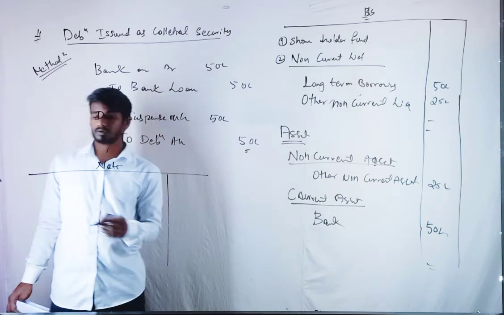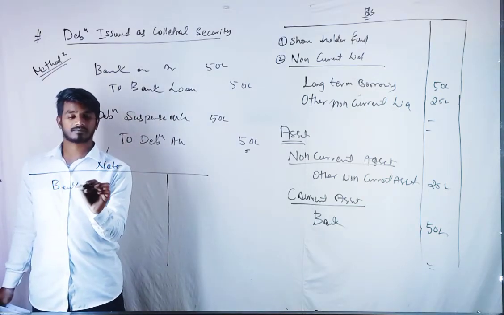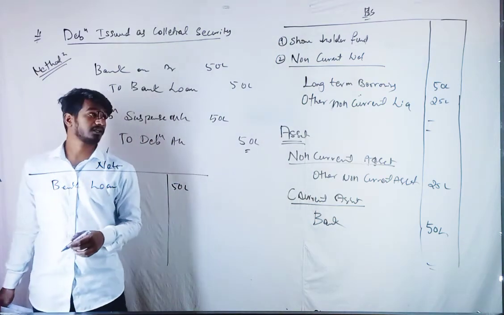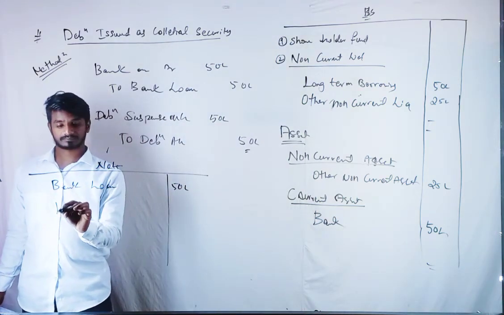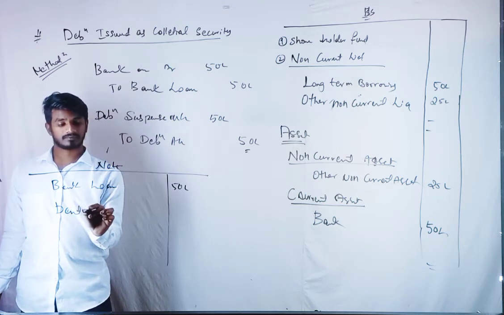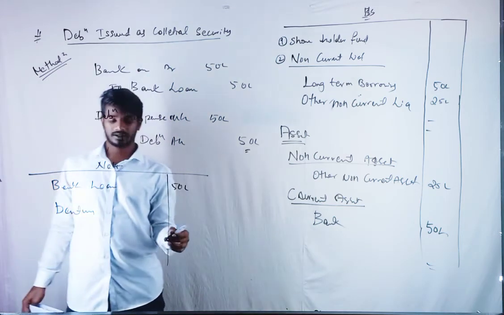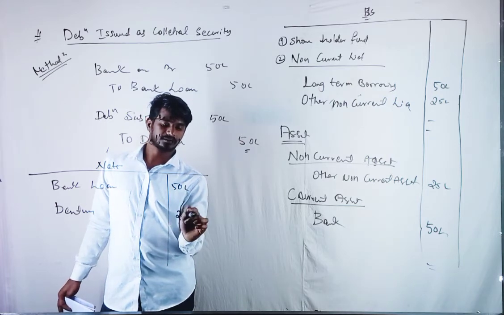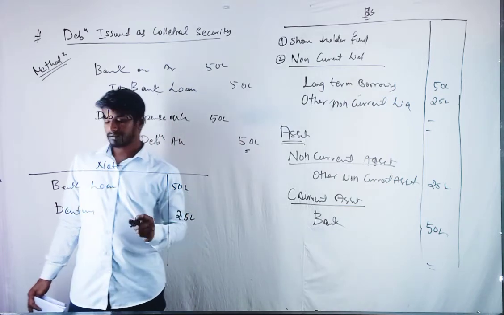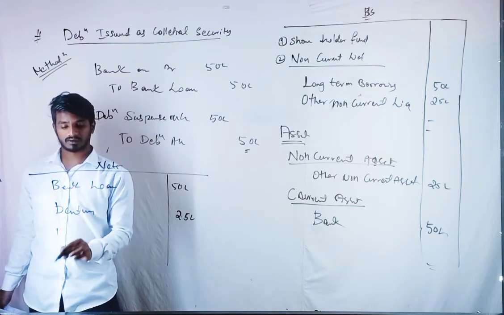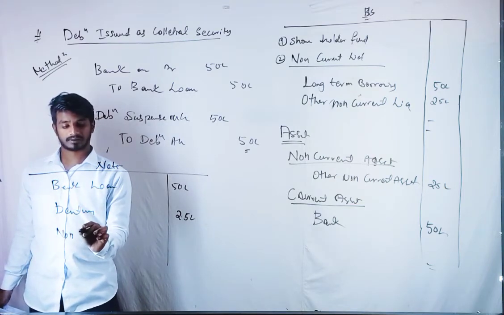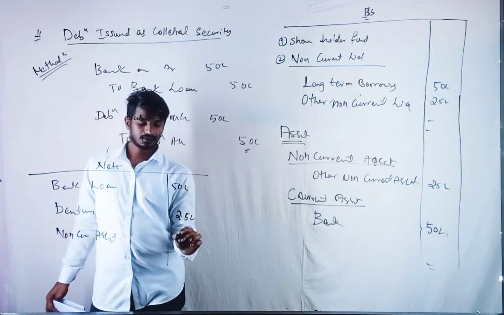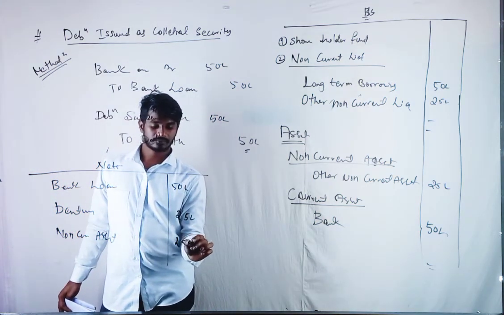That's it. No problem. Bank loan, how much? 50 lakh. And debenture, you should create another note. Debenture 25 lakh, right? And other non-current asset 25 lakh.